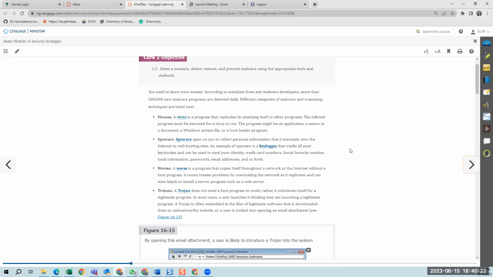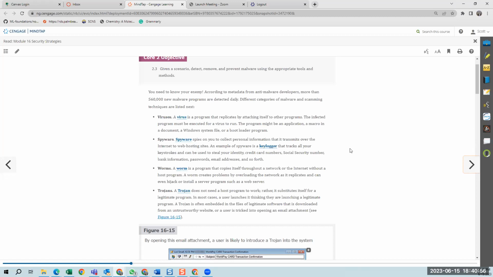Now, this is different from a denial of service attack, where there are so many clients attacking a server. This is different than that. It overloads the network. But it's not like a bot. It's a little different from a bot.